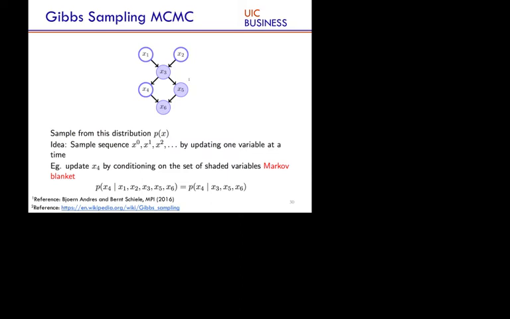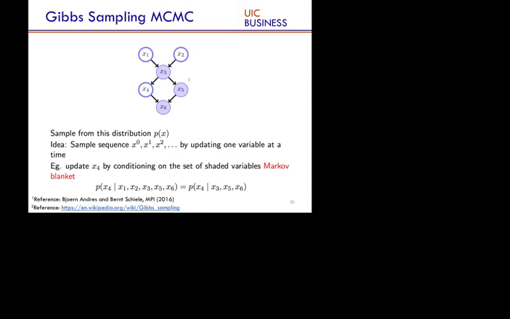So if x4 was the last one you are trying to sample, then the probability of x4 given the previous 5 coordinates that you sampled is just the probability of x4 given 3 coordinates, and these 3 coordinates are roughly the neighbors of this random variable. Any question? Any confusion?